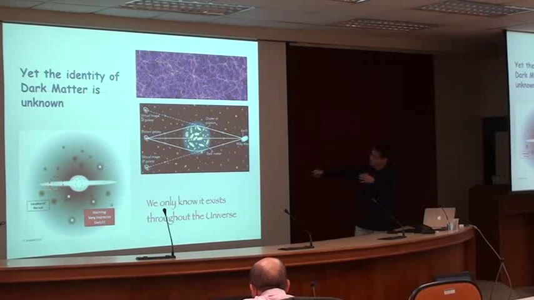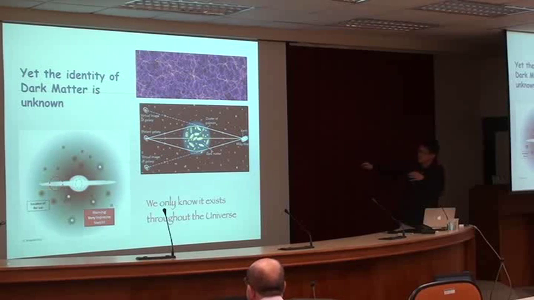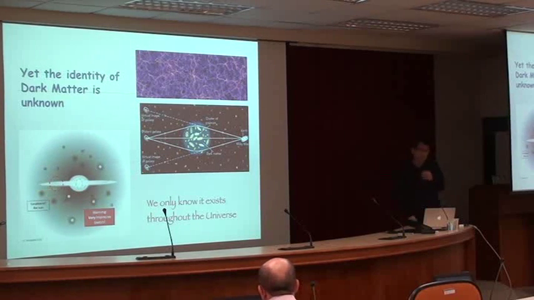And now this is our Milky Way galaxy, this is our disk, and this is the position of our sun. And it turns out that in this halo, there are a lot of subhalos. I'll come back to this picture in one slide. So we only know that dark matter should exist throughout the universe. The identity, we don't know.